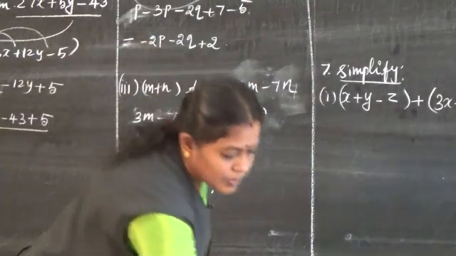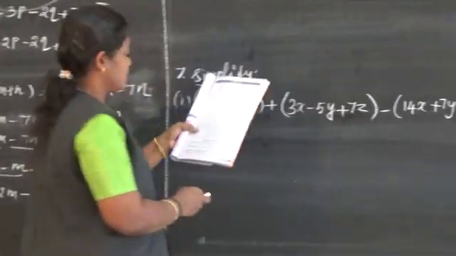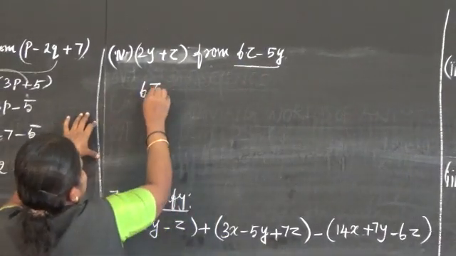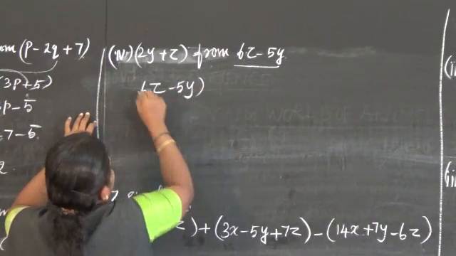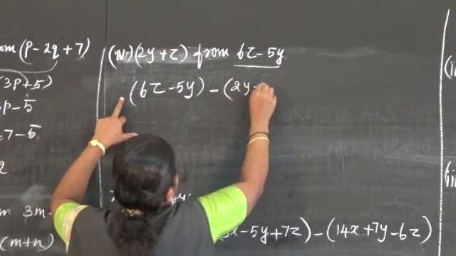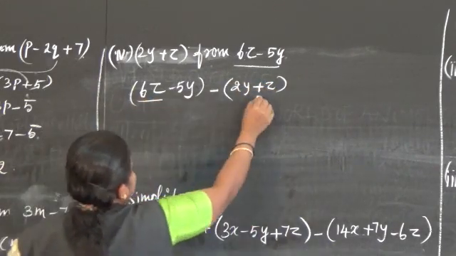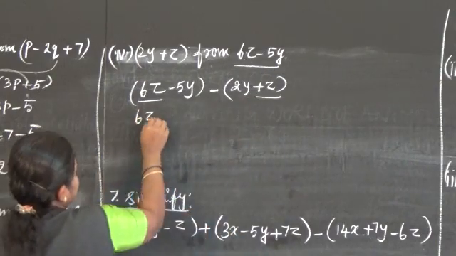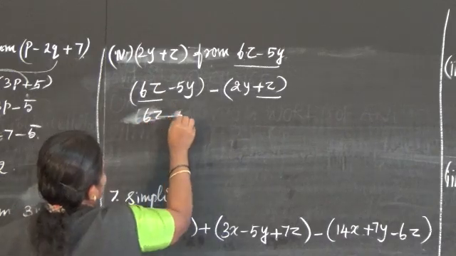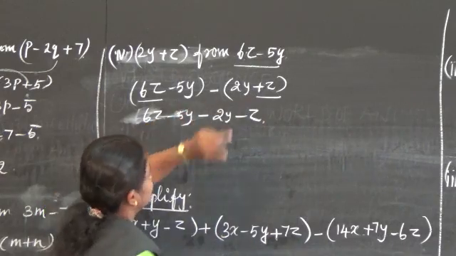Now come to the fourth problem: 2y plus z from 6z minus 5y. Take and write this expression first, so 6z minus 5y. Already I told you, don't forget to keep the minus sign, so minus of 2y plus z. Sorry dear, I forgot to remove the minus sign.